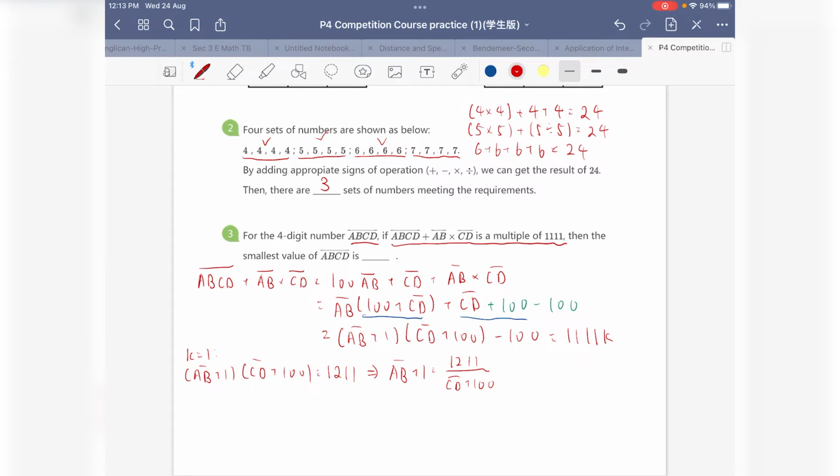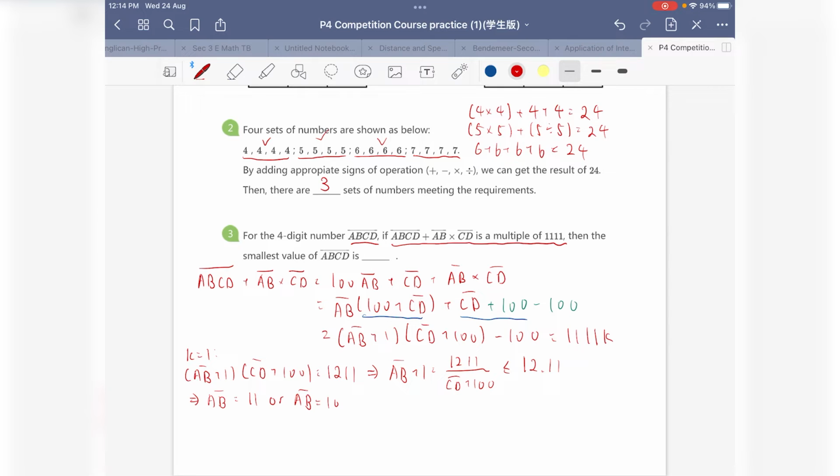Now, this must definitely be lesser than 12.11, assuming that CD is equal to 0, because anything larger as a denominator will be a smaller value. What would that really mean? This will really mean that AB plus 1 is equal to 12 or 11, so AB is equal to 11 or AB is equal to 10.